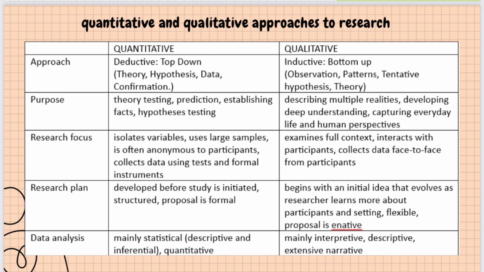And the last one is the data analysis. In quantitative, the data analysis is mainly statistical, descriptive, and inferential, and for qualitative, the data analysis is mainly interpretive, descriptive, and extensive narrative.